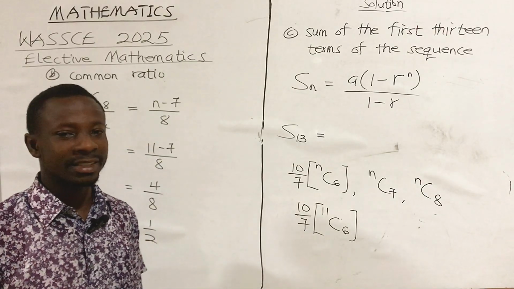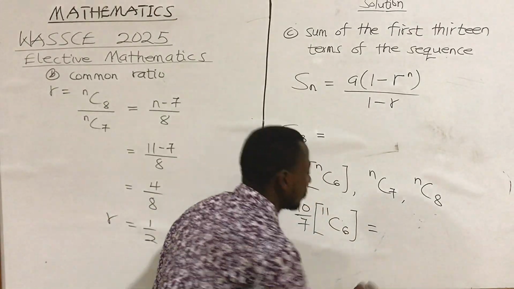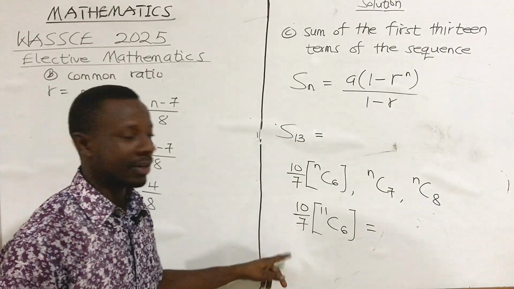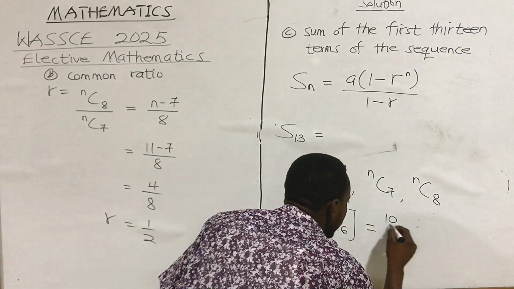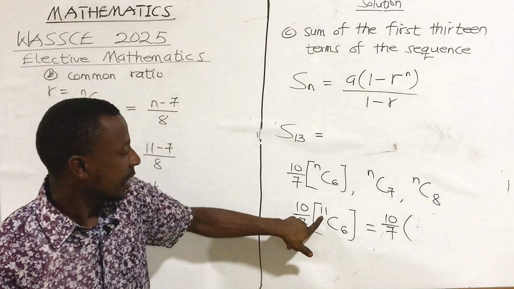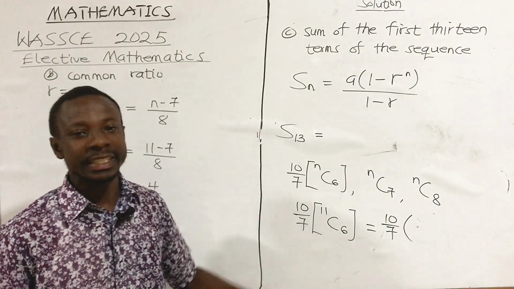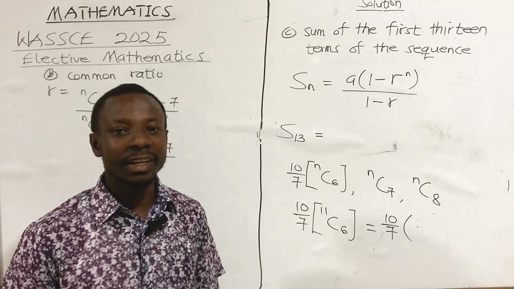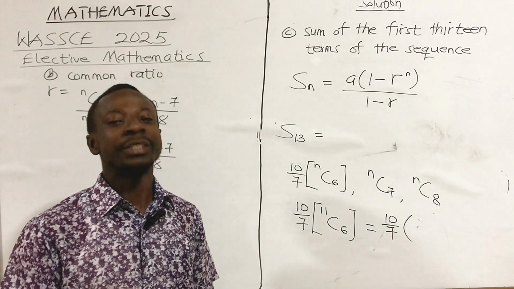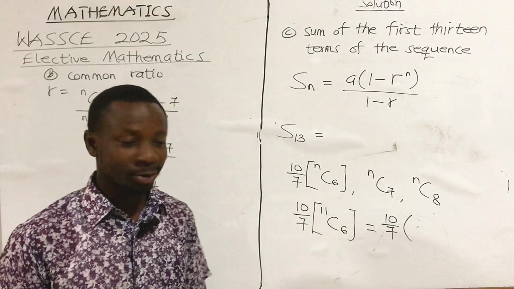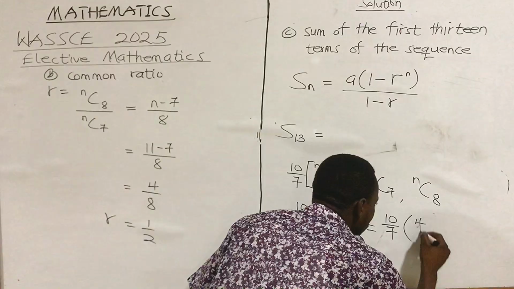So we have 10 over 7 multiplying 11 combination 6. You can use a calculator to try. 11 combination 6, what did you get? 462. Good.